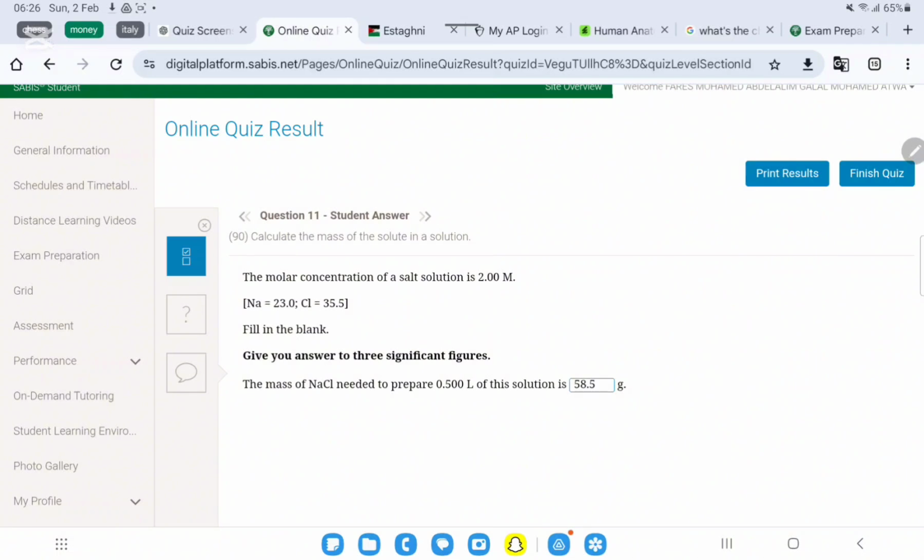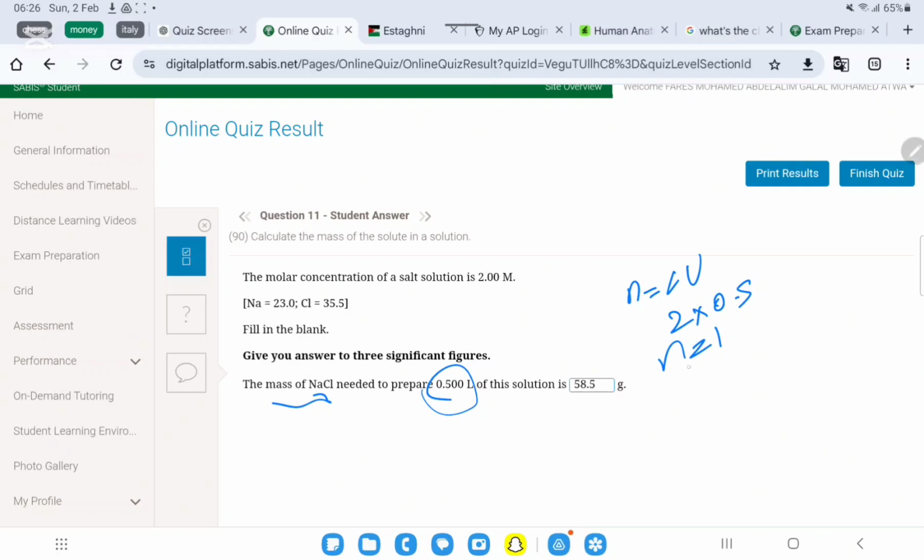The molar concentration of a salt solution is 2 molarity. They want the mass of NaCl to prepare 0.50 liter of this solution. So we find moles. n equals CV, C is 2, V is 0.5, n is 1. You put it in the calculator if you want to check, it's 1.